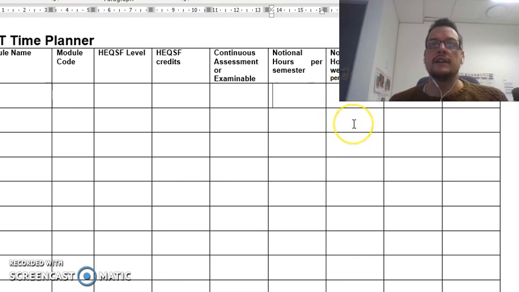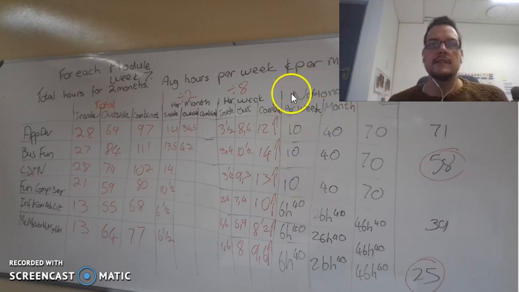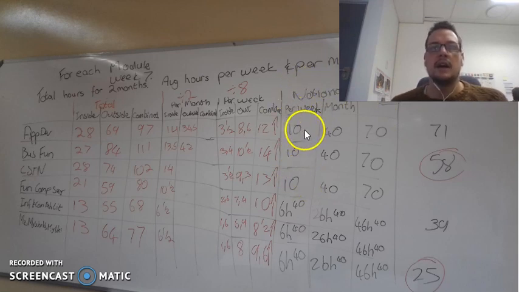So you then can calculate your notional hours per week, okay, and then compare this to the contact hours in class and the expected hours outside of class. So if you go back to the diagram over here, this is directly taken from it. It's 10 hours per week for a 12 credit, 6 hours, 40 minutes for an 8 credit.